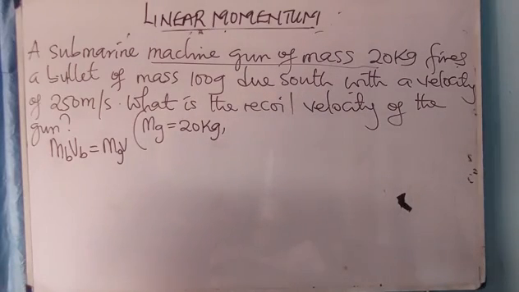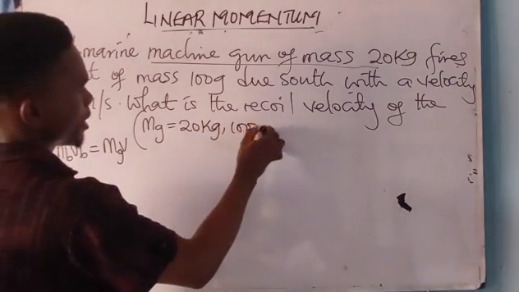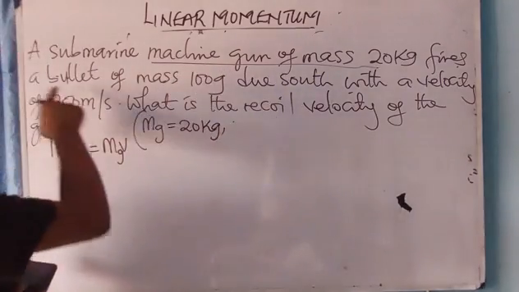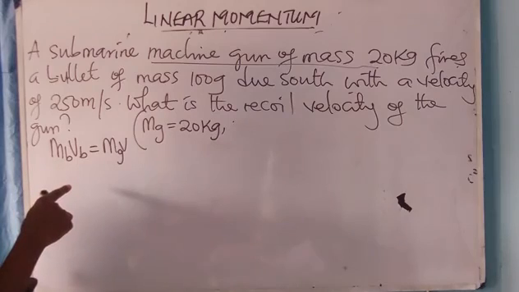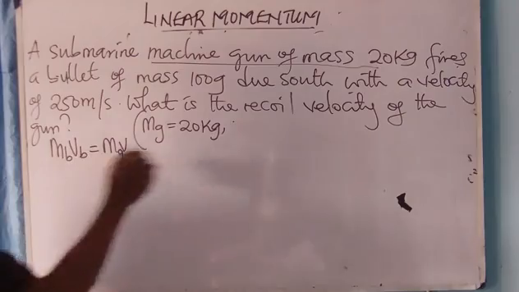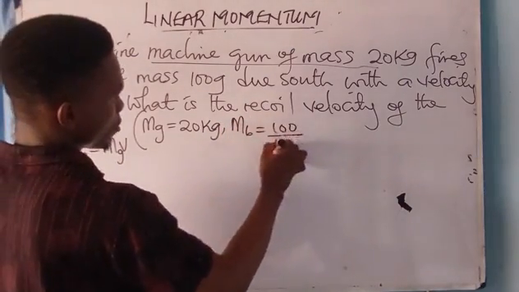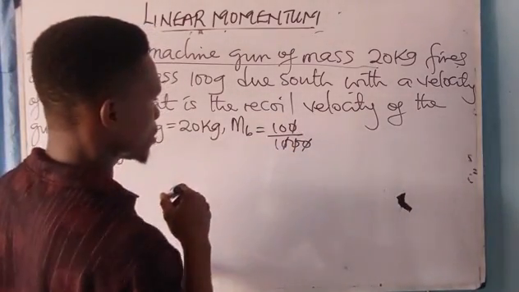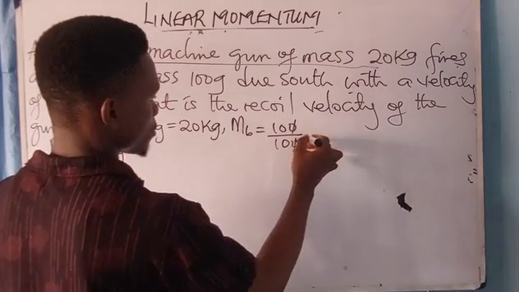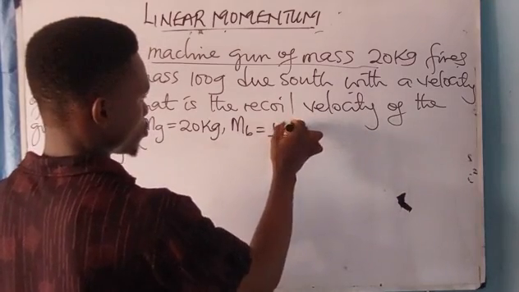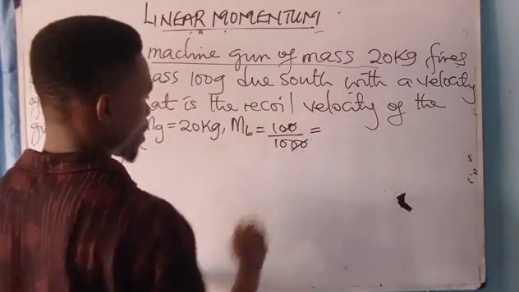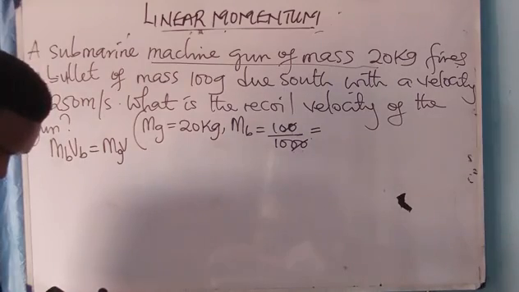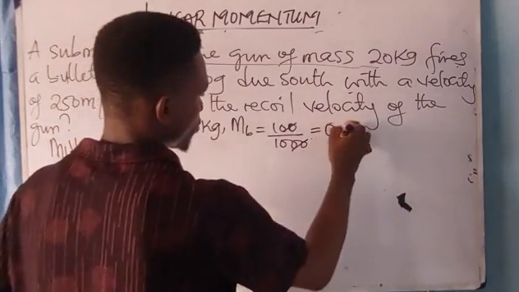It fires a bullet of mass. This is the mass of the bullet, so mb is equal to 100 divided by 1000, which should be 0.1 kilogram.